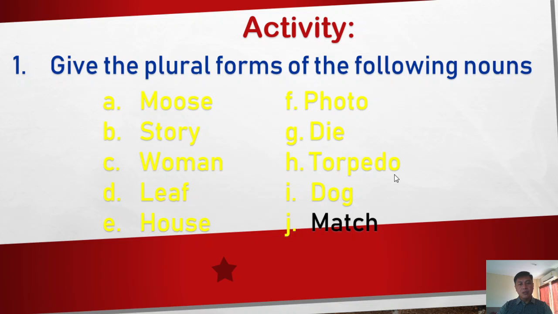H, torpedo. I, dog. J, mud. Write your answers on paper, take a picture, and send it to your classroom teacher. I will collect this when we come back to school if we already have face-to-face classes.